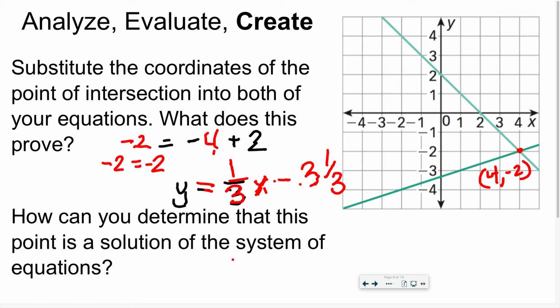It's on the line. We're not really talking about the intersection yet. We're just trying to figure out if that coordinate satisfies both equations. We know it's definitely on the first line because when we substituted in the values, it was a true statement. If we substituted in like 3, -2, it wouldn't have worked because 3 and -2 is not a coordinate on the line. Alright, so now let's do the next one.